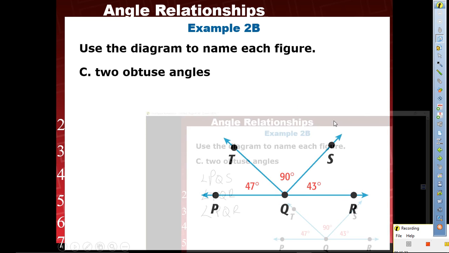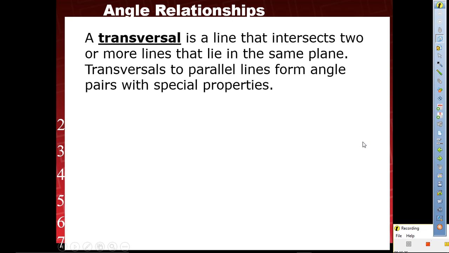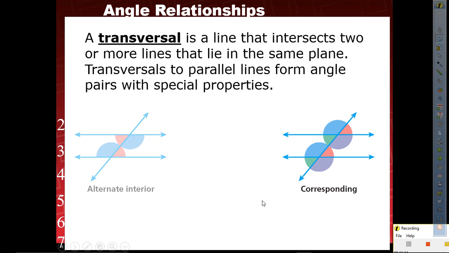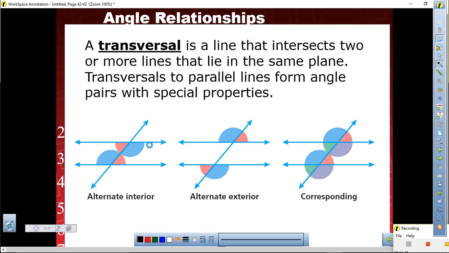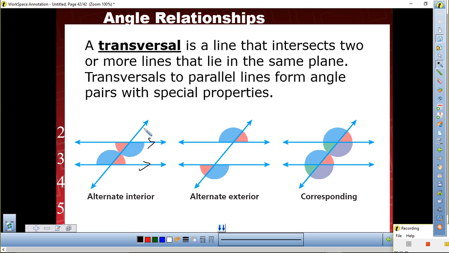Okay. All right. Where I want to get to, though, is this one, transversal. Look up, please. A transversal is a line that intersects two parallel lines, like this, like this, like this. My two parallel lines are right here. Here, this is my transversal. Parallel lines here, this is my transversal. And it created a specific property.